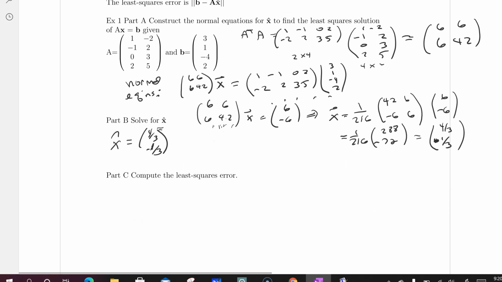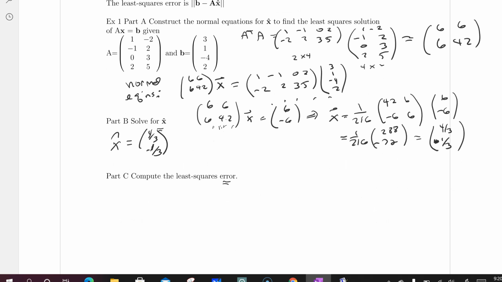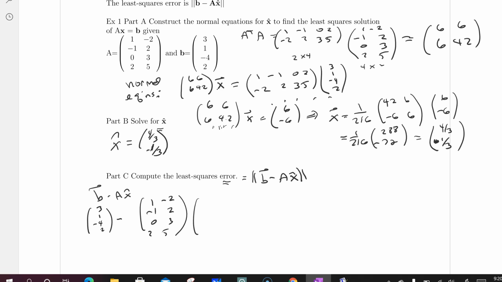So how do I find the least squares error? That's going to be the length of b minus A x hat, that distance. I first need to find b minus A x hat. So b, 3, 1, negative 4, 2, minus A times my x hat, 4/3, negative 1/3, x hat being the closest I could get.